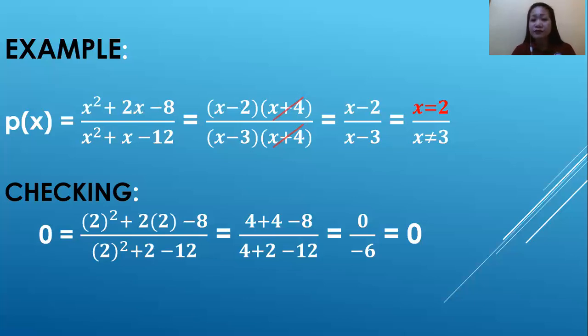Okay, 4 plus 4, we have 8, minus 8 is equal to 0. While in the denominator, 4 plus 2, we have 6, minus 12, we have negative 6. Okay, 0 over a number, positive or negative, is equal to 0, while a number over 0 is undefined. So therefore, the value of x, which is equal to 2, is the correct value for our function or equation.